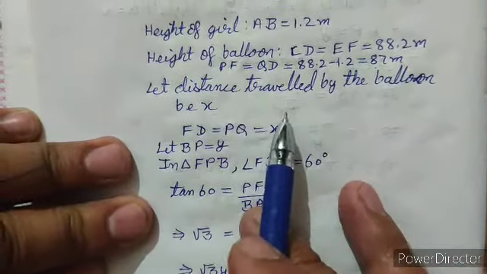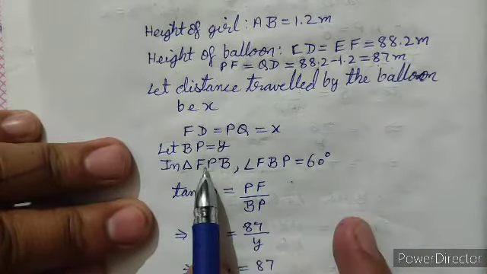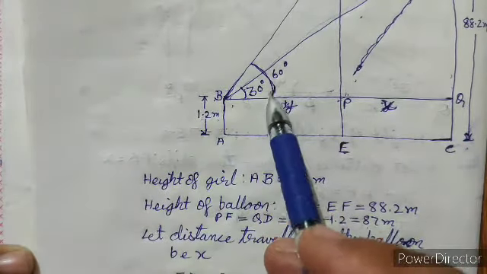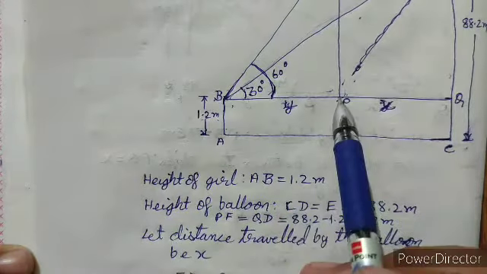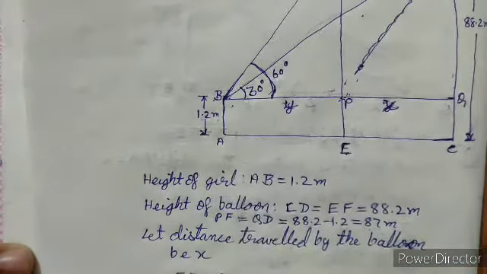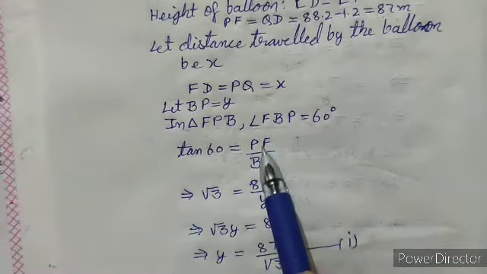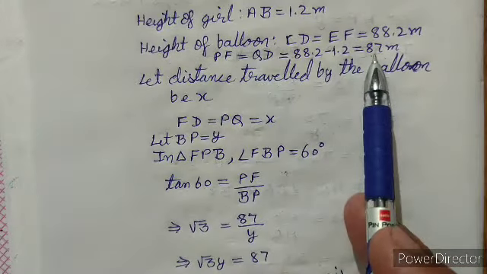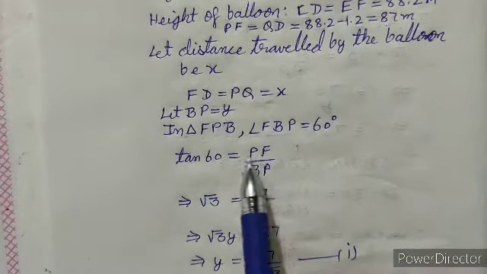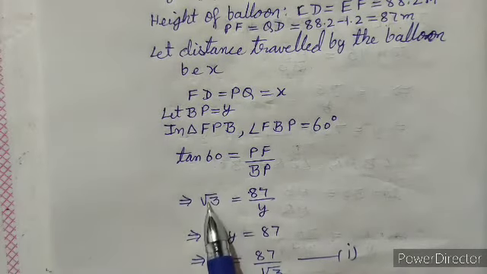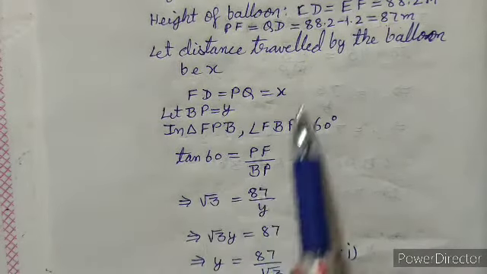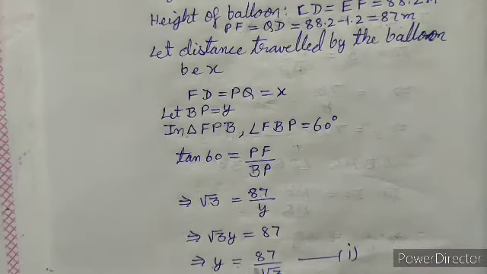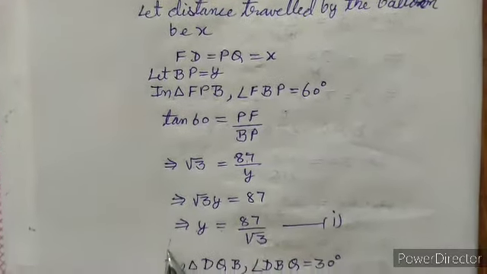Now in triangle FPB, tan 60 will be equal to PF upon PB. Now we have already obtained the value of PF as 87 meter. So on putting the values, tan 60 will be equal to root 3, and PB we have taken as Y. So from this we will get the value of Y as 87 upon root 3.